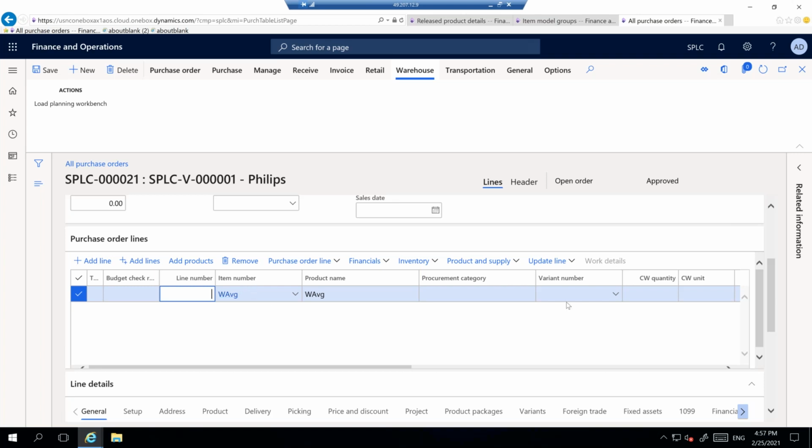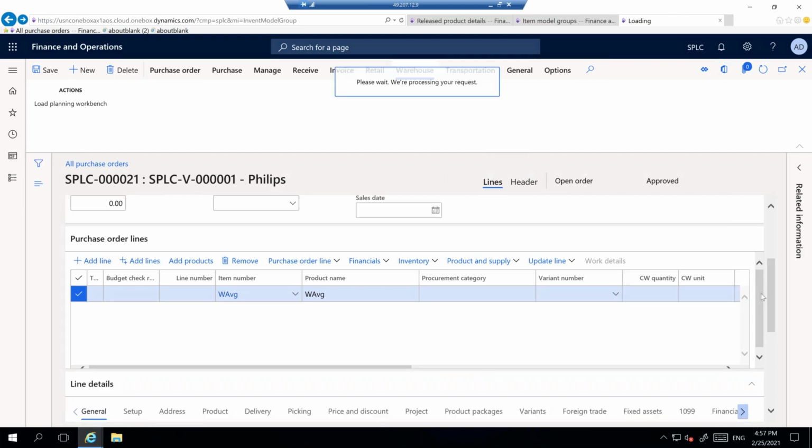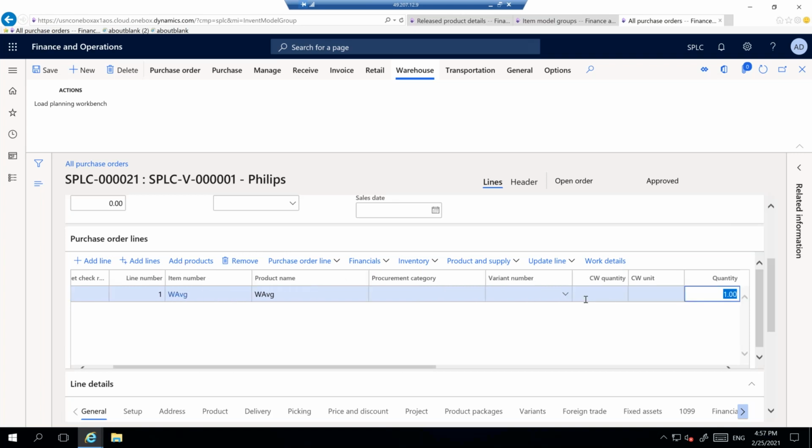Okay, click tab. Give me 1 second. So I will purchase 10 quantity at the rate of 100.